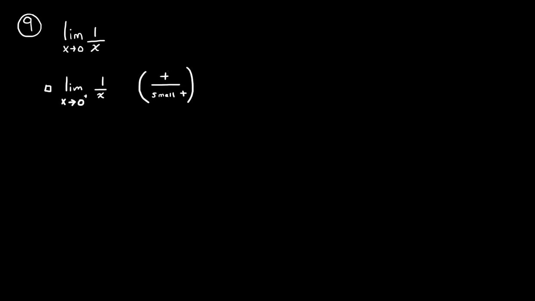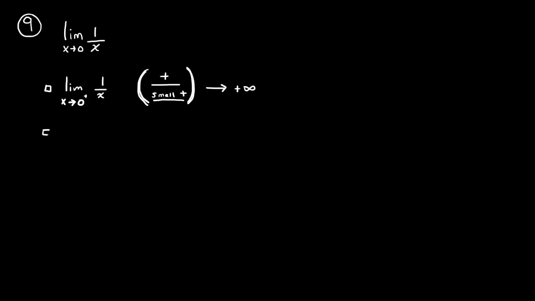So if you have some positive number and then the denominator gets very, very small, that means this number is going to get really, really big, because when you divide by something really small, the number gets really big. And if this gets almost practically 0, then this fraction is going to approach positive infinity.